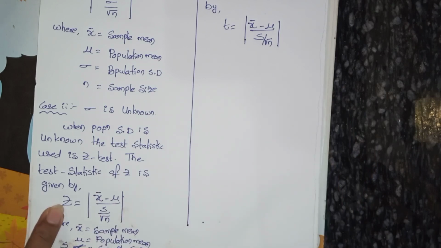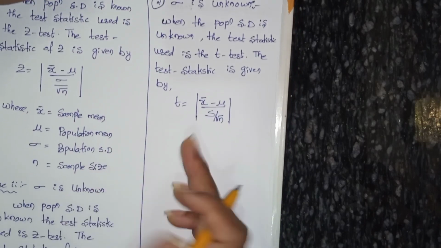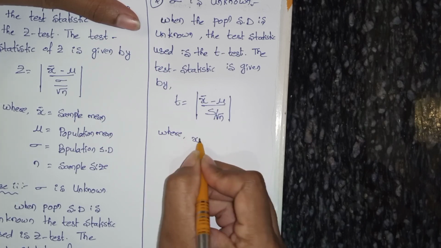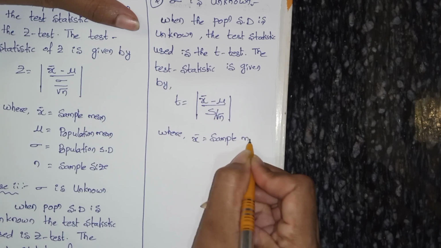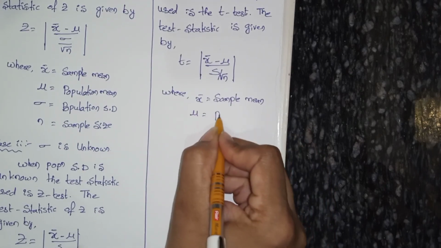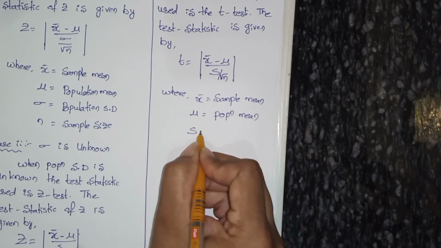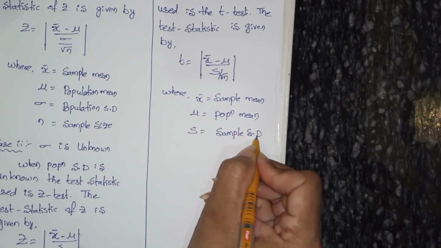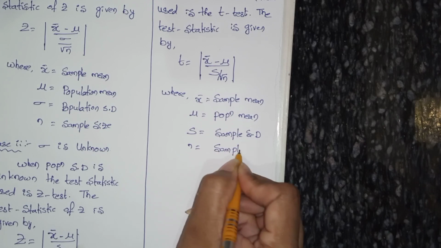Here we use the z-test, here we use the t-test. Where x bar equals sample mean, mu equals population mean, s equals sample standard deviation, n equals sample size.